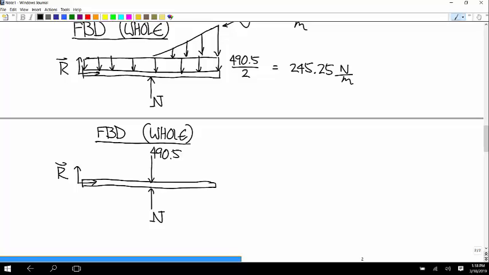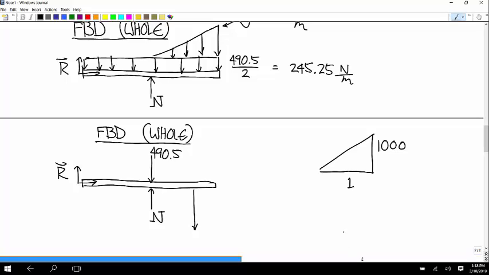And then the centroid of that triangular load is a third of the way from here to here, right? Or 0.6 repeating meters from the midpoint to there. And the total force is the area of that triangle. We have a height of 1,000, a base of 1.